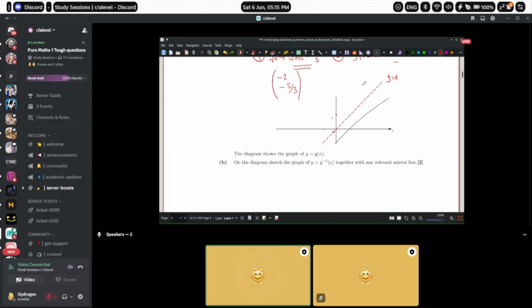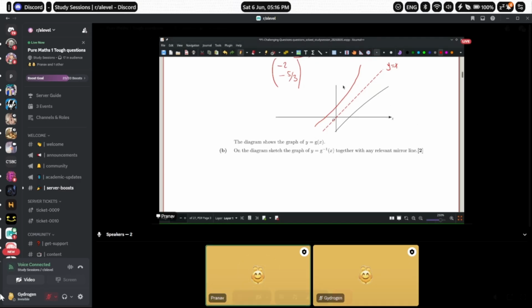It'll be something like this. So you have to first draw this dotted mirror line. If they don't see this, sometimes you can lose marks. So you have to leave in the mirror line, and then you have to reflect this across this line. Okay. No questions?